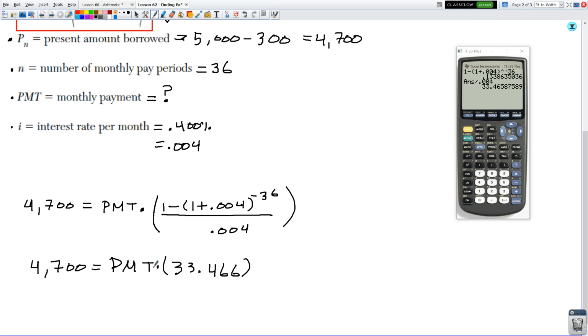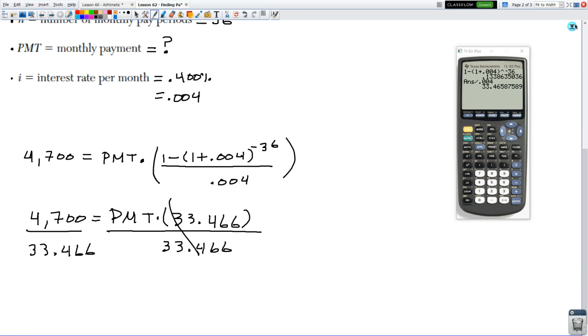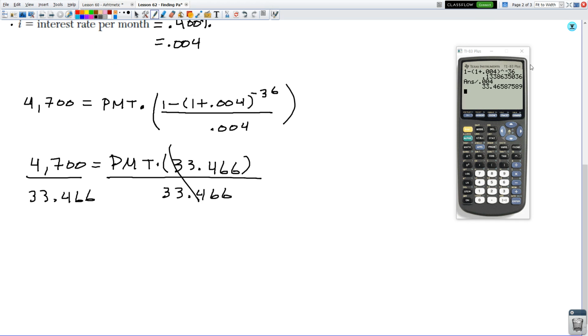We're getting a little bit closer because we know we're multiplying by a number. So if we want to leave PMT by itself, we have to divide. Now this cancels out. And now we know that PMT is 4,700 divided by 33.466.